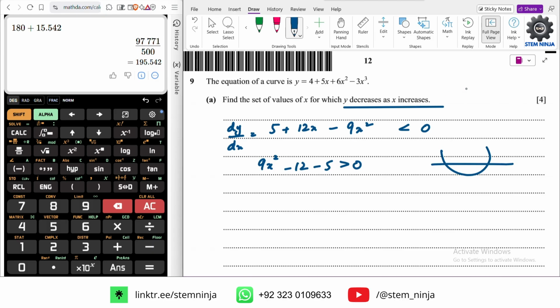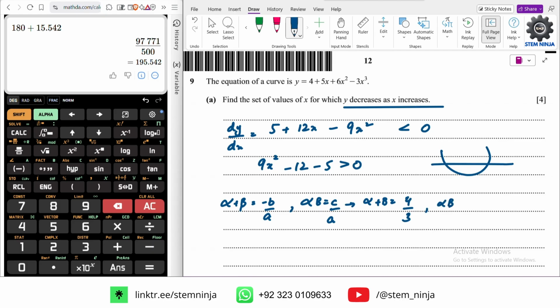Right, okay. So the sum of the roots is minus b over a, alpha plus beta. So you can use that sum and product rule also. So sum of roots is minus b over a, and the product of roots is c over a. So alpha plus beta is 12 over 9, which is 4 over 3.